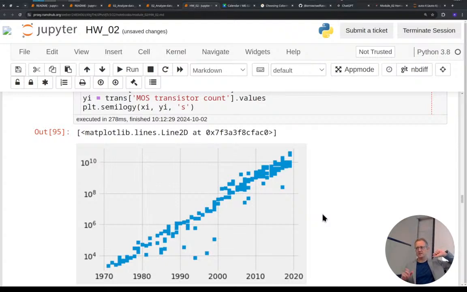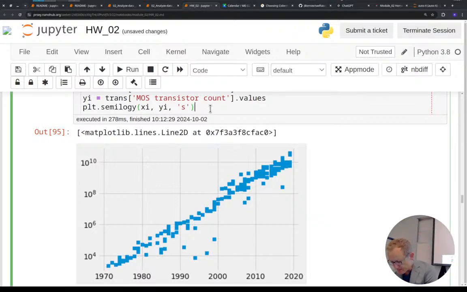So my goal is, what is that straight line? If I'm drawing a straight line through this data, what's the best line that I can draw? And then I'm trying to compare that to the idea that it doubles every 2 years, because not all of these are doubling every 2 years. Something happened in the 90s where it was dropping, and then for the last 25 years, almost every year it doubles, or every other year it doubles.